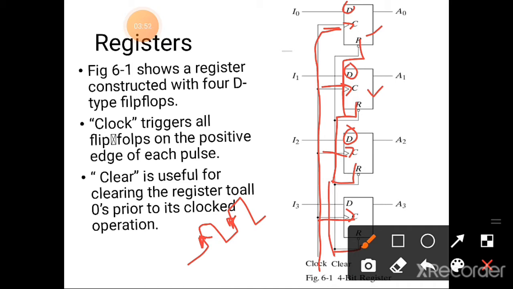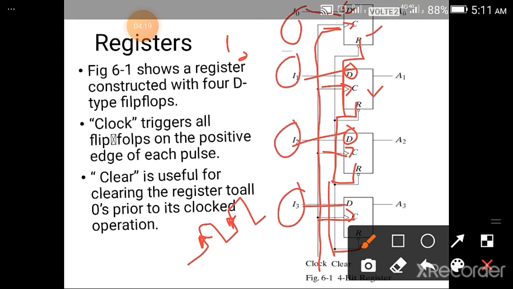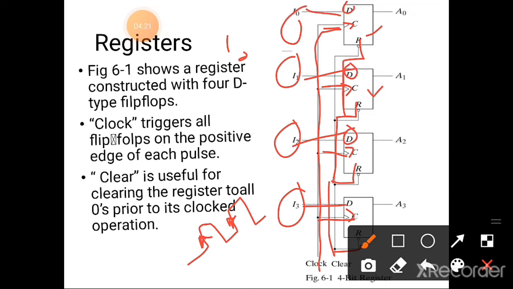Here the clock pulse enables all the flip-flops so that the information presently available at the 4 inputs, represented by I0, I1, I2, I3, can be transferred into the 4-bit register.